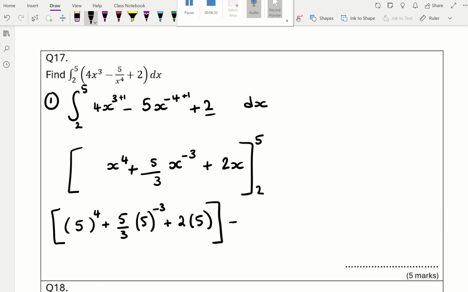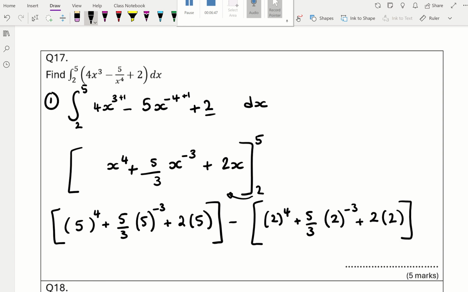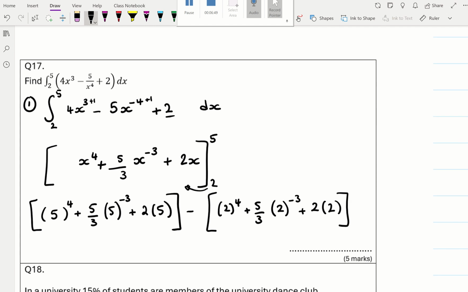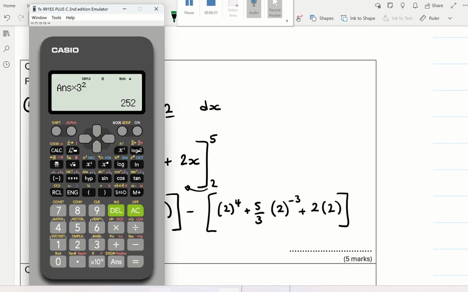Then you're subtracting, and you open the other bracket and you put the 2 in. So 2 to the power of 4 plus 5 over 3, 2 to the power of negative 3, plus 2 times 2.